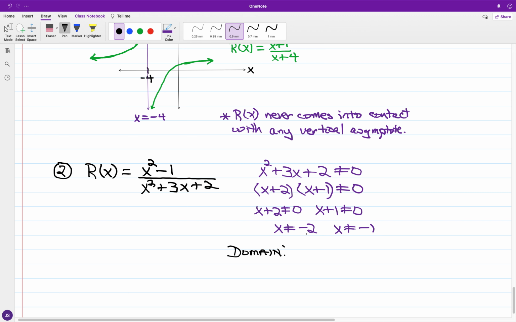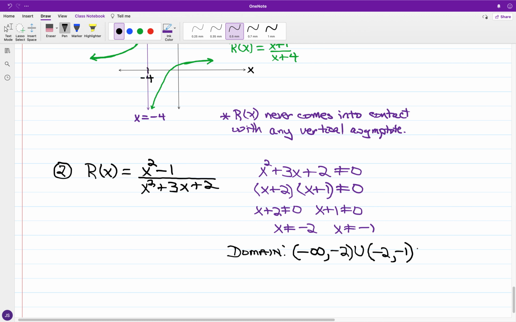And with negative 2 as the smaller exclusion, we have the domain starting out proceeding from negative infinity. So we have those values of x which will be less than negative 2. And bypassing negative 2, you will have those values of x between but not including negative 2 and negative 1.